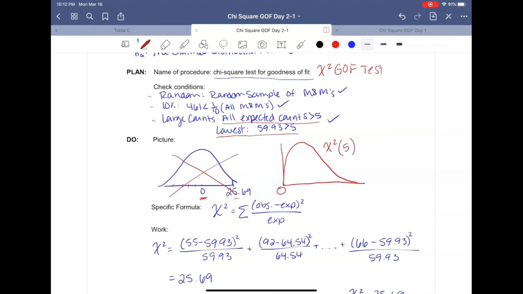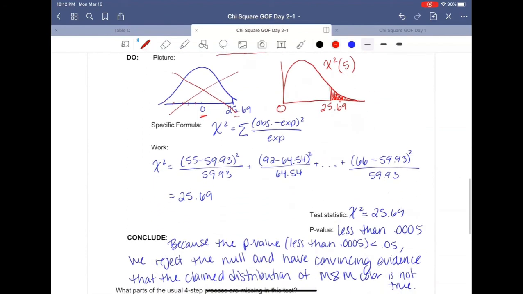And then my x-axis starts at 0, and then I'm going to go out and I'm going to label my chi-squared value on the x-axis, which in this case would be that 25.69. Now really here you're just sort of approximating, and actually how I just drew this is probably a much greater area than what I need, because remember it's going to be less than 0.0005. However, you don't have to be super picky on that. You just want to show like, okay, it's fairly far away from 0.